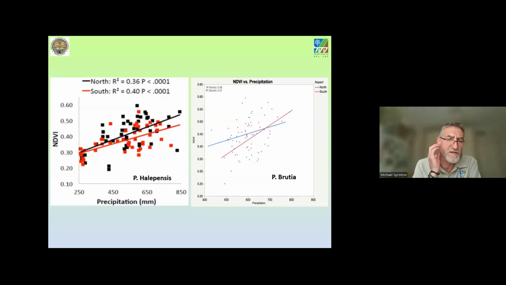And here's just a comparison of how NDVI changes according to aspect and precipitation gradient for both species. Again, we did it by just extracting the vegetation index value for a specific region of interest and building this graph for the change.